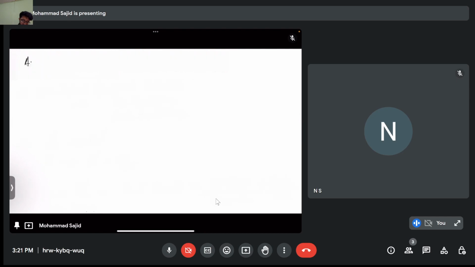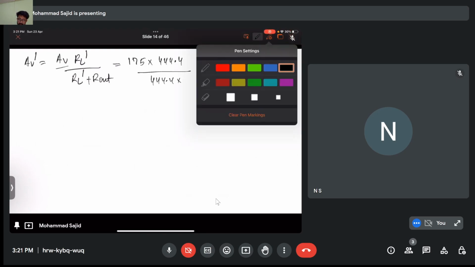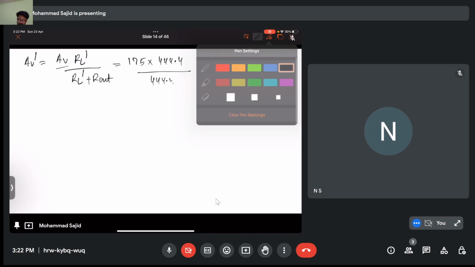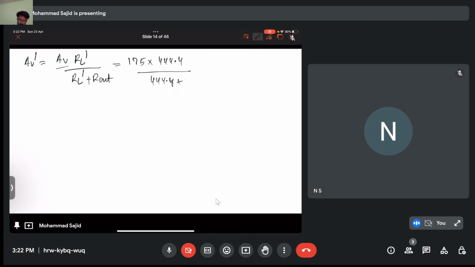Now your AV dash will be equivalent to AV RL dash divided by RL dash plus R out. AV is given to us as 175, and this will be calculated, sorry, plus 1K.